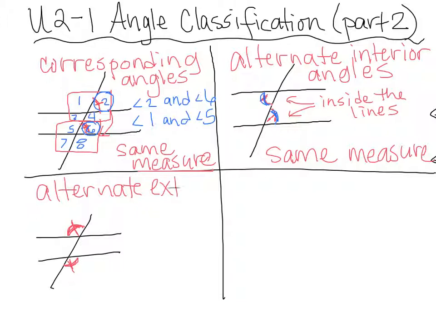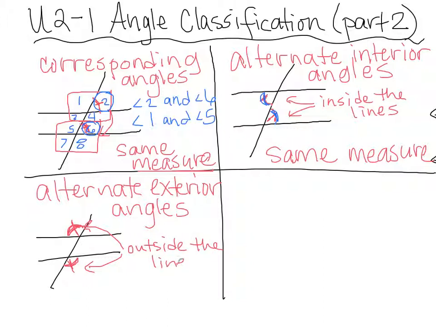Notice the two angles, they're now outside the lines. Okay, on the outside of the parallel lines, that's why it's the term exterior, and alternate because they're on opposite sides of the transversal. Now these two obtuse angles are also the same. They're the same measure.